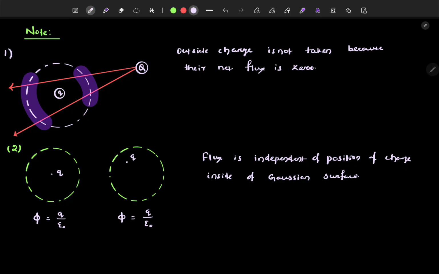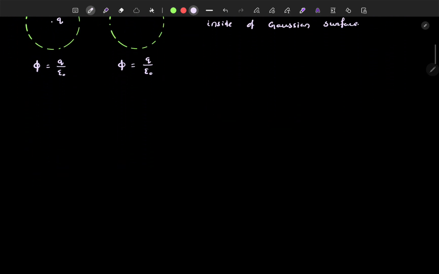Next, come to our point number 3. What is that point? Let us consider 4 diagrams as per the figure.